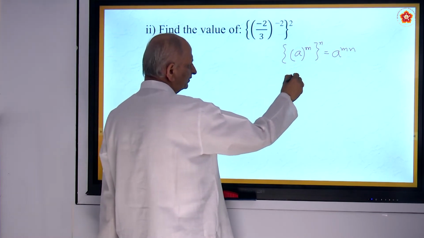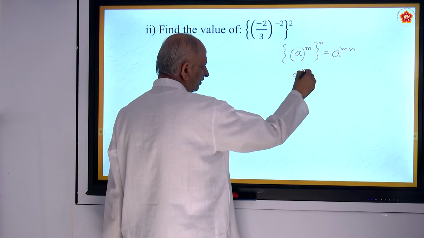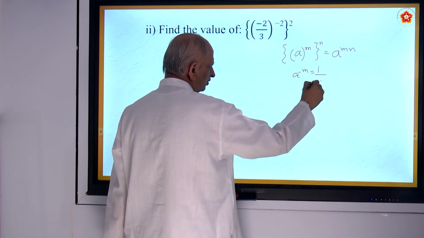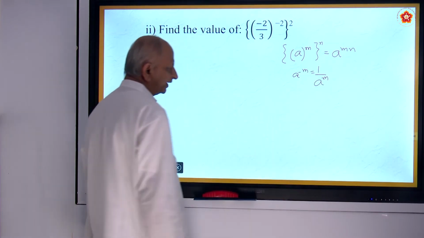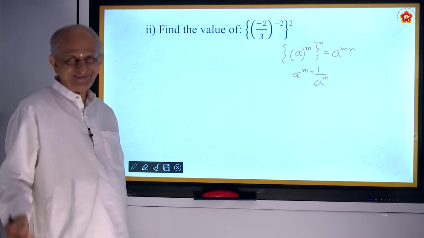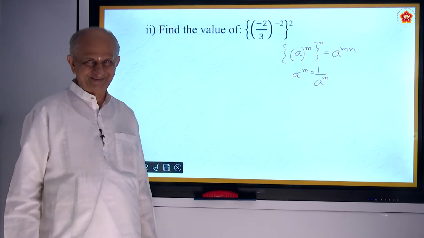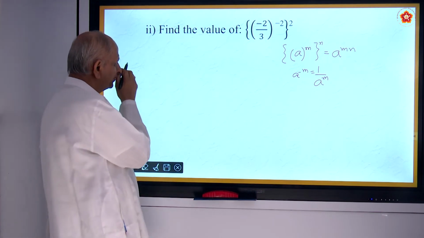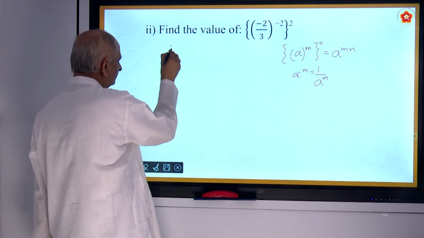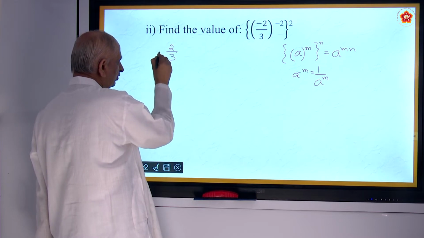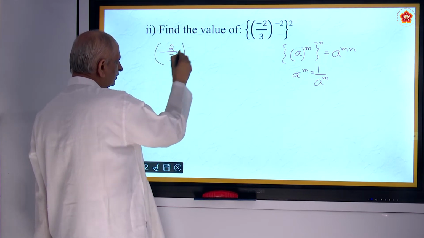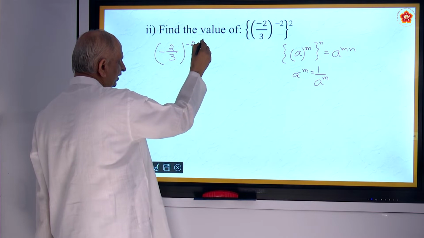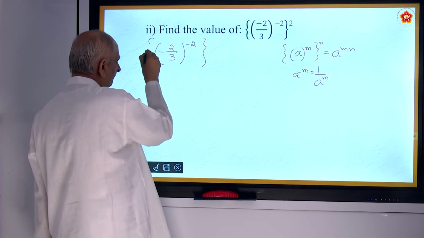Second formula is a to the power of minus m is equal to 1 by a to the power of m. In exam also, when you go to the hall, you write all the formulas. Then you will be able to connect it whenever necessary. So let us write down first. While writing down, you should be careful. To the power of minus 2 is here. This flower bracket.